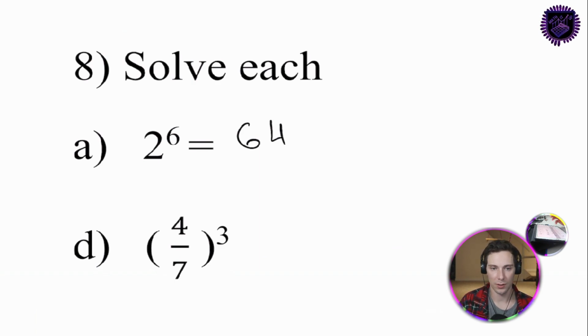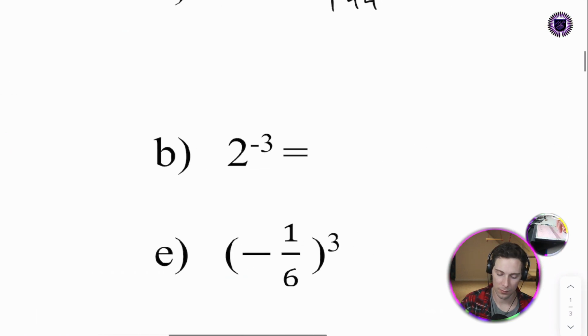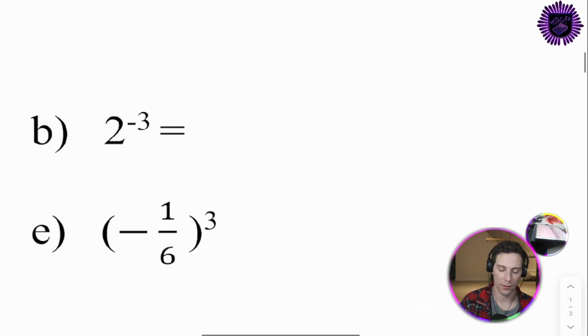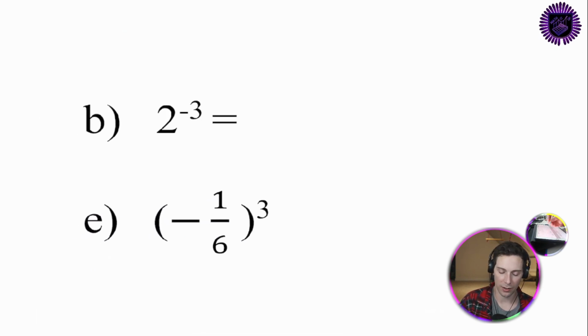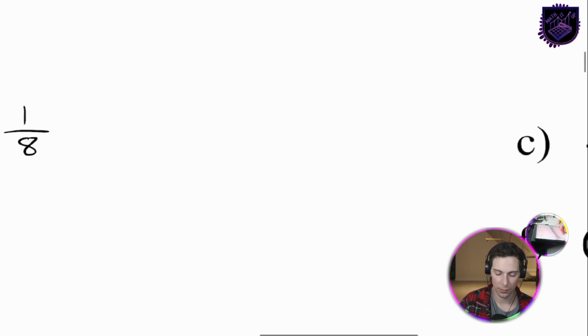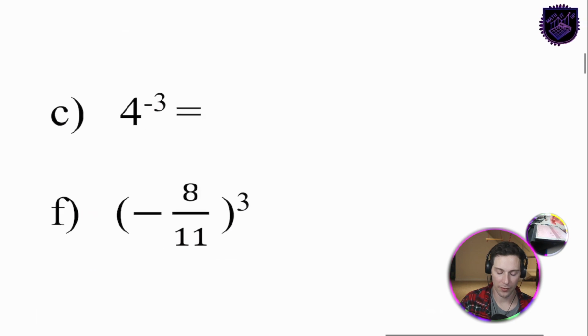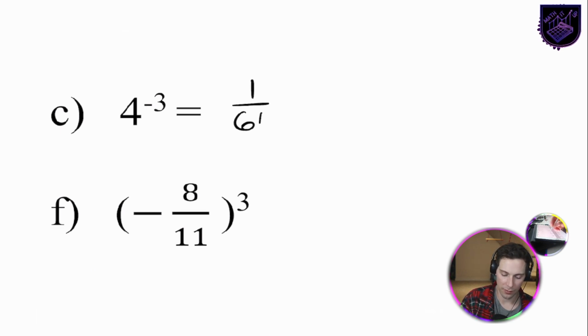Doubling it 6 times, starting with 2, counting as 2 to the power 1. And 2 to the power of -3. I can answer this as a decimal or fraction, but I'm going to leave it as a fraction. So this is going to be equal to 1 over 8. 4 to the power of -3, that's 64. 16 times 4, 64. 1 over 64.